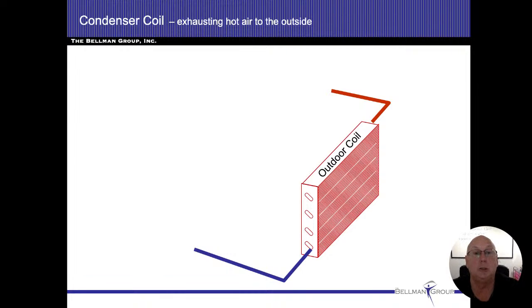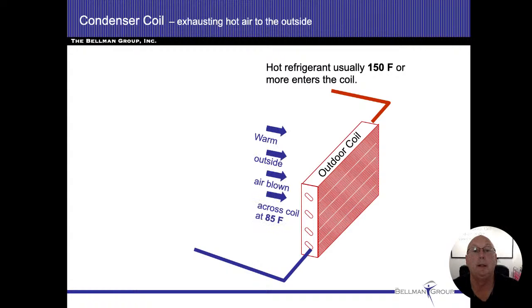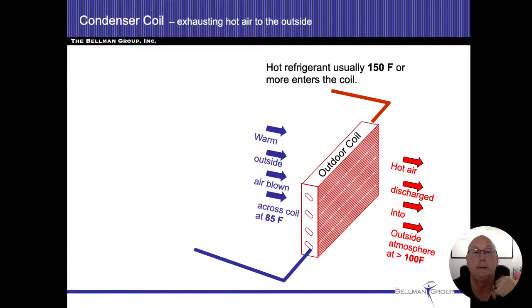So as we discharge the heat, it comes in at 150. Here we're saying it's 85. Outside air is going to probably go up about 15 degrees. And I did leave that off indoors. I want you to remember that air conditioning systems typically have a 15 to 20 degree temperature drop.